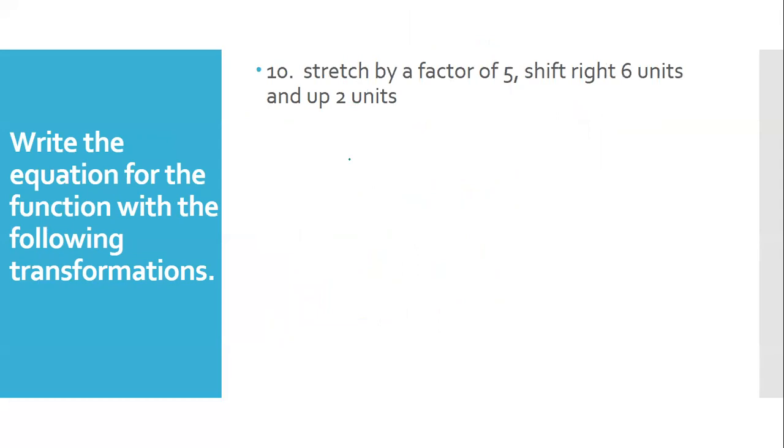All right. So we're going to identify the A, the H, and the K. What is the A here? 5. What is the H here? It's just 6. And what is the K? 2. Plug everything in.